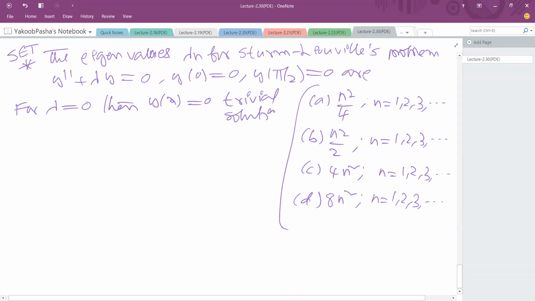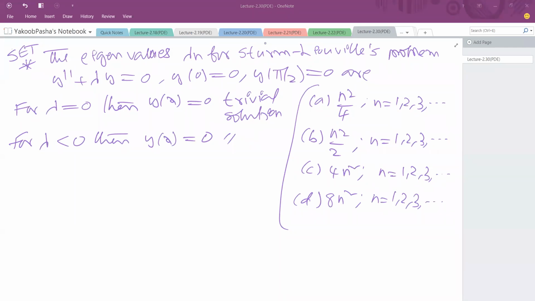Trivial solution means there are no eigenvalues. For lambda negative, that is lambda less than 0, y of x is also the trivial solution 0.